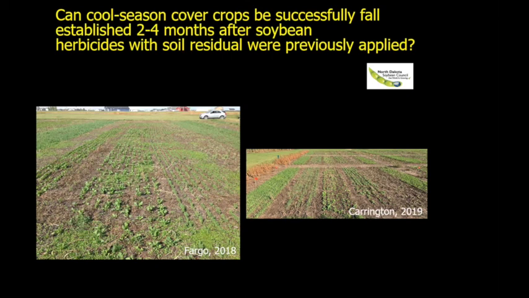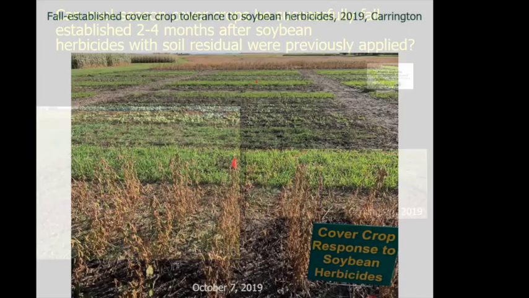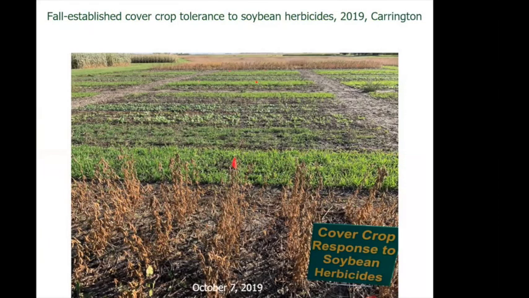So we explored this at Fargo and Carrington over a number of years. I'll just tell you very quickly what we did. The soybeans were planted the last half of May. The herbicides were applied at correct rates and timings for weed management in the soybean. And then in August, the soybean was mowed off, in the seed development stages.